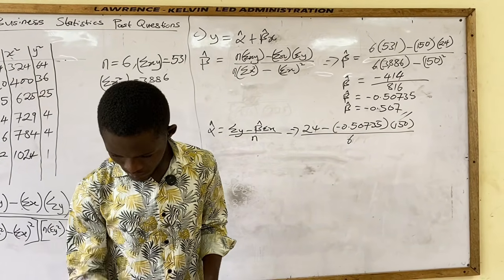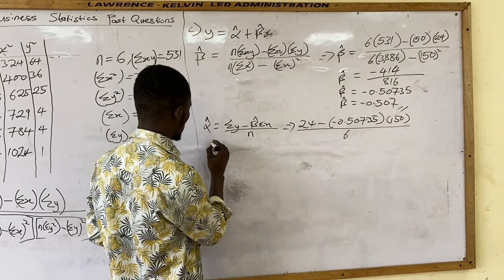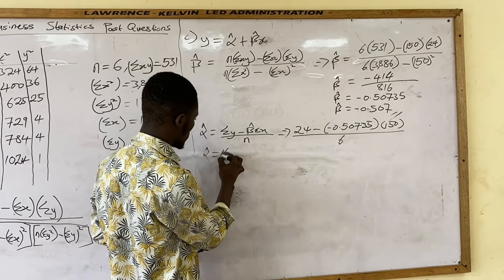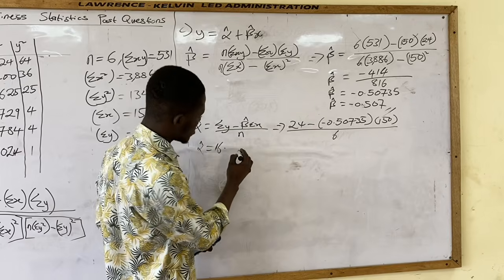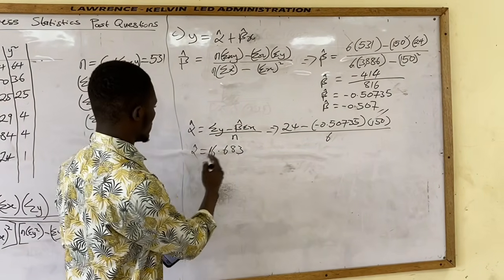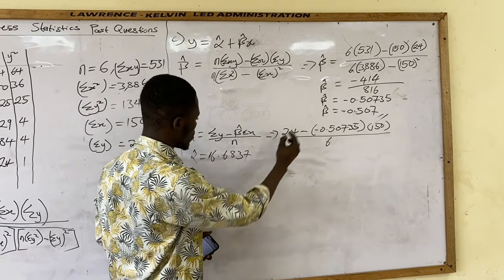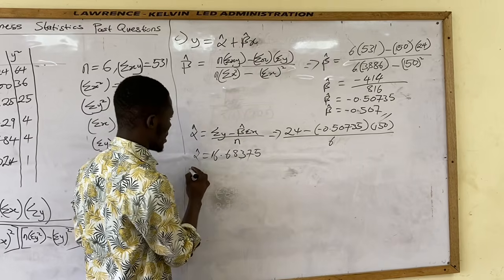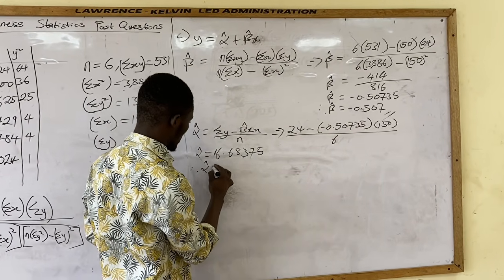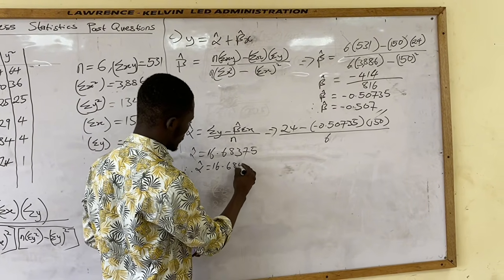And we will get our alpha hat is equal to 16.683. Let me make it 5 decimal places, as I did the other one. So therefore, alpha hat is equal to 16.684.